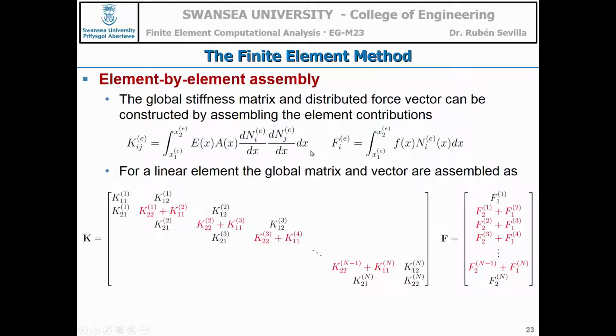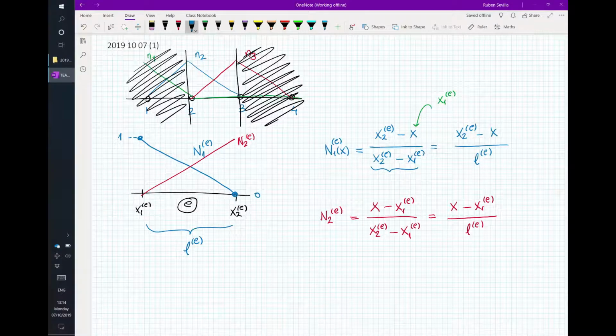As an example, we are going to do examples today, because I think that at the end of the day, all this assembly process is better understood when you do an example.